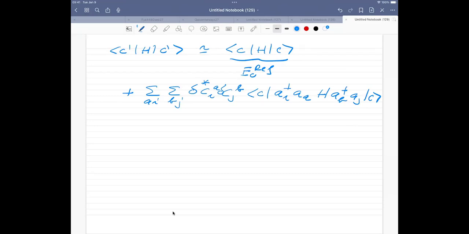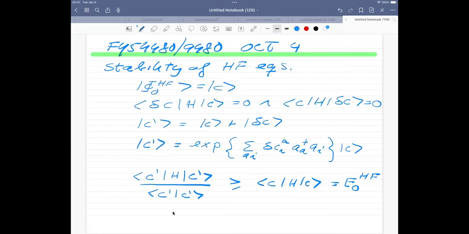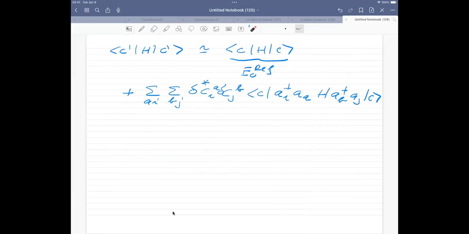Now keep in mind one thing: since we have already required that this condition is fulfilled, terms which involve just one delta C, either here or here, are zero. That's why I'm starting with a term to the second power in delta C. So we just use the fact that we have performed the Hartree-Fock calculation.